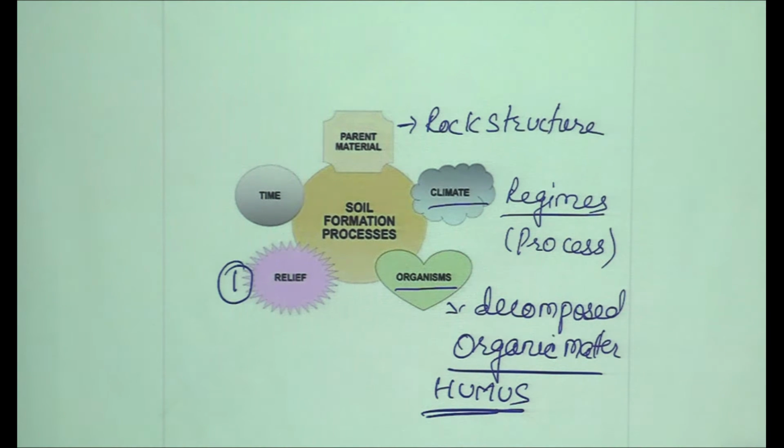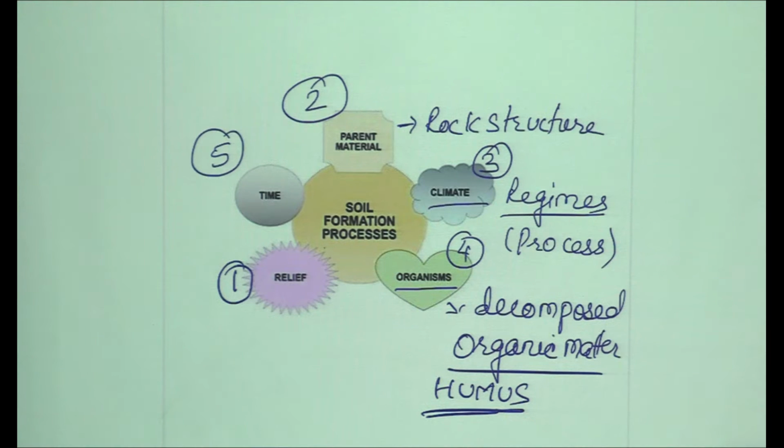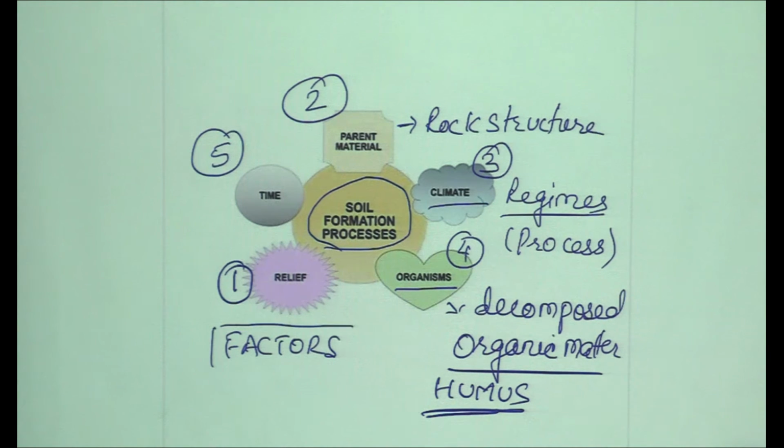And we also have, so I am numbering them, number 2 factor is parent material, 3 is climate, 4 is organism and 5 is time. What are the important soil forming processes, or what are the factors that facilitates development of soil? So, development of soil is regulated by relief, parent material, climate, organism and time.